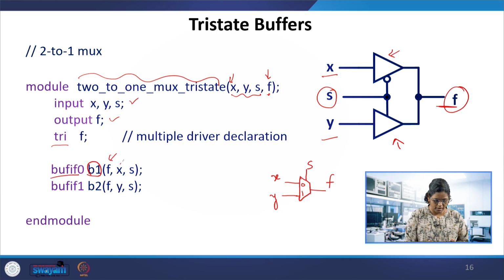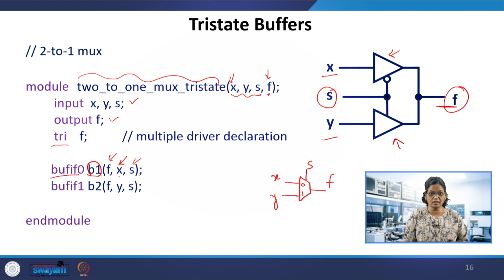And if you recall, X is the data input, and this should be specified. The order matters here. In the built-in gates, when you instantiate it, the order is output F, data input, and then enable input. This S is the enable input, so the order should not be changed here.